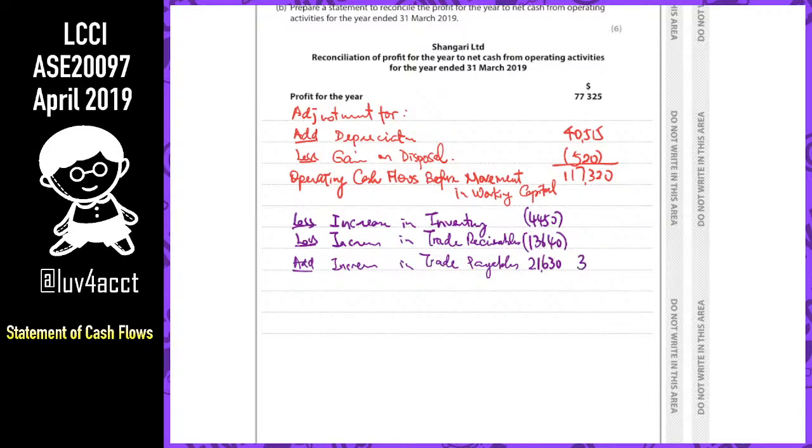Okay, so we have 3, 5, 4, 0. 117, 320, 120, 860.